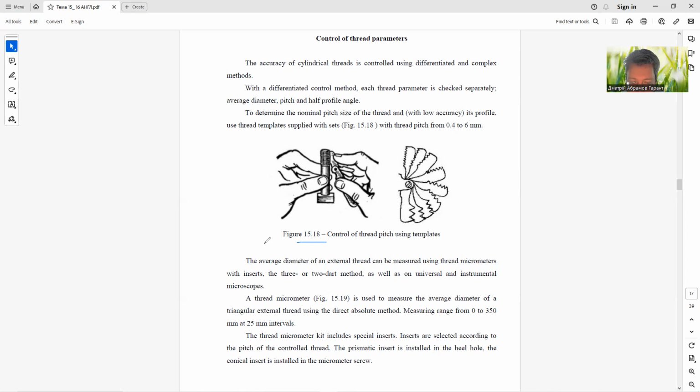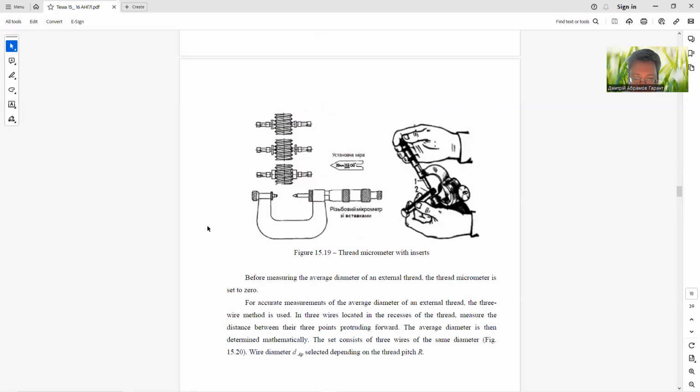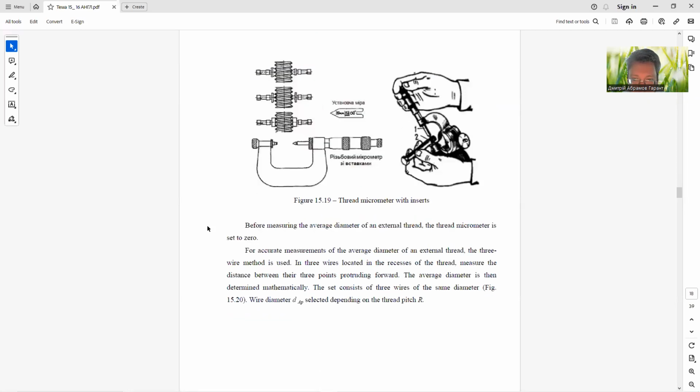The conical insert is installed in the micrometer screw. Before measuring the average diameter of an external thread, the thread micrometer is set to 0.